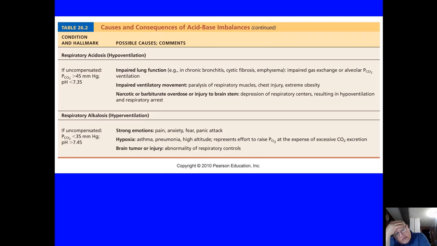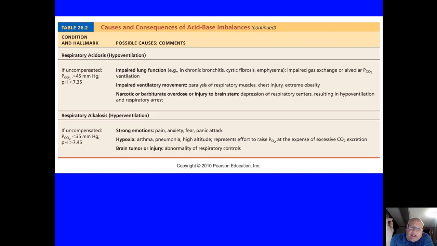Well, if you've ever seen somebody with pain, anxiety, fear, or a panic attack, particularly those that we see nowadays, they're breathing fast, fast, fast, fast. And what happens is they get rid of a lot of CO2, and so that begins to push the pH of the blood above 7.45.